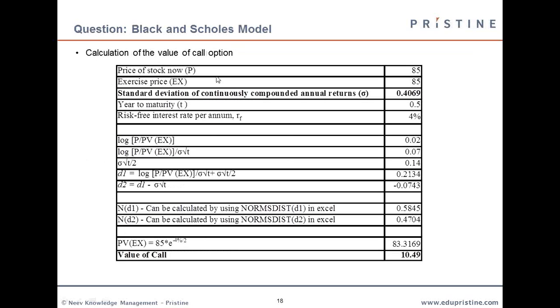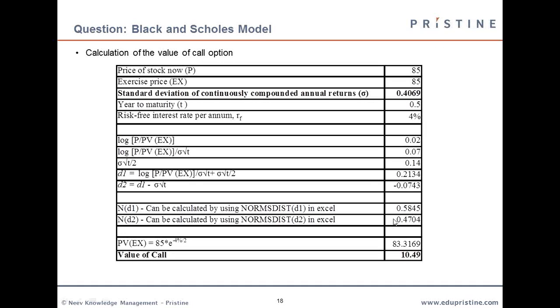So here's an example. The price today is given, the exercise price is given, sigma is given, time duration is given. I took the same example again. You can find the D1 and D2 values by just substituting in the formula that I showed here.